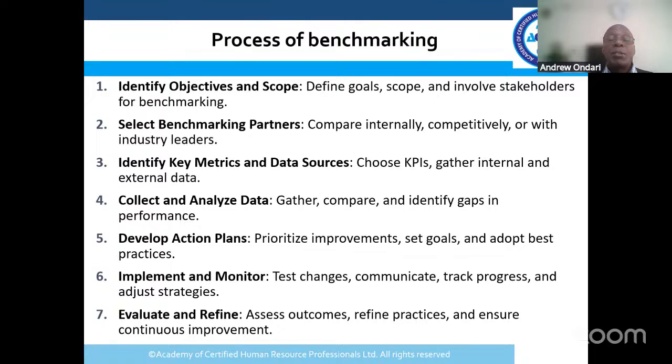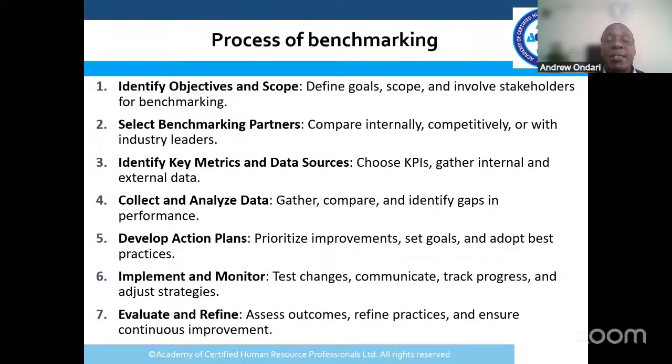If I may use training and development as an example, we need to identify metrics that can be used to measure training and development. One of the KPIs is cost of training per employee.